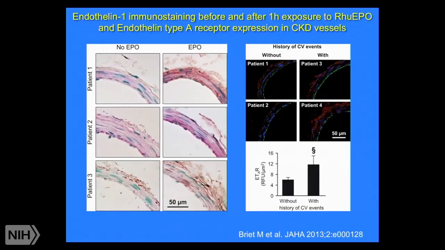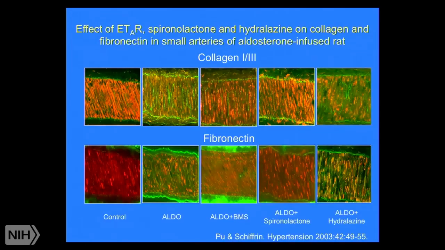Furthermore, we exposed these arteries to erythropoietin and showed increased endothelin expression in these vessels. They also have increased ETA receptor expression, particularly in those individuals who have a history of cardiovascular events. Now, speaking about endothelin, we've been, of course, interested in the effects of endothelin for many years on small arteries.